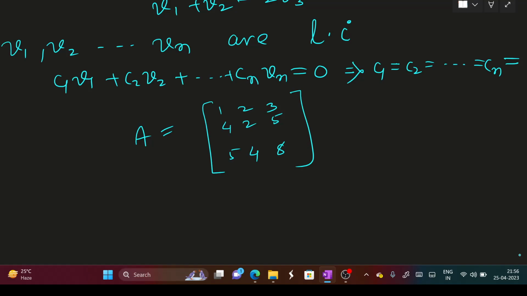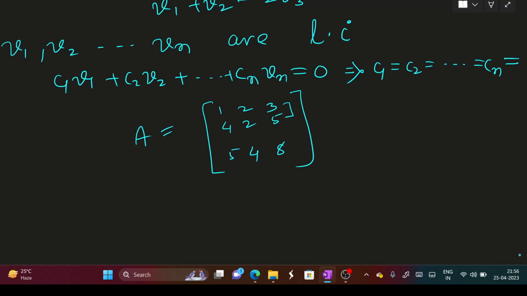So here, how many linearly independent row vectors or column vectors exist? These two vectors are linearly independent because no scalar C can give me the second from the first row vector multiplied by a scalar. There exists no such C. So they are linearly independent.